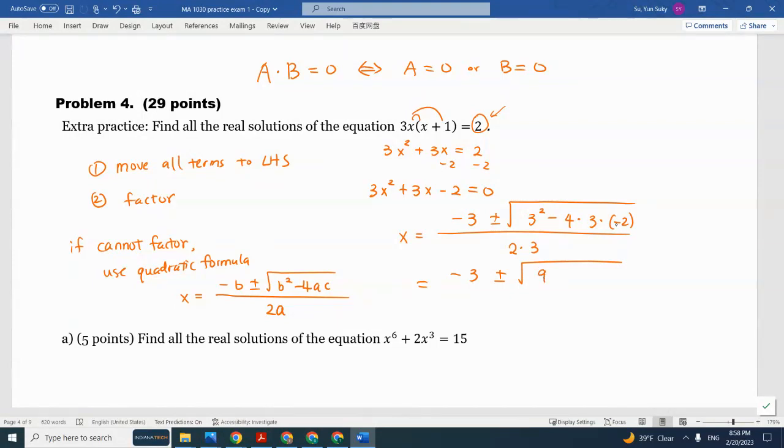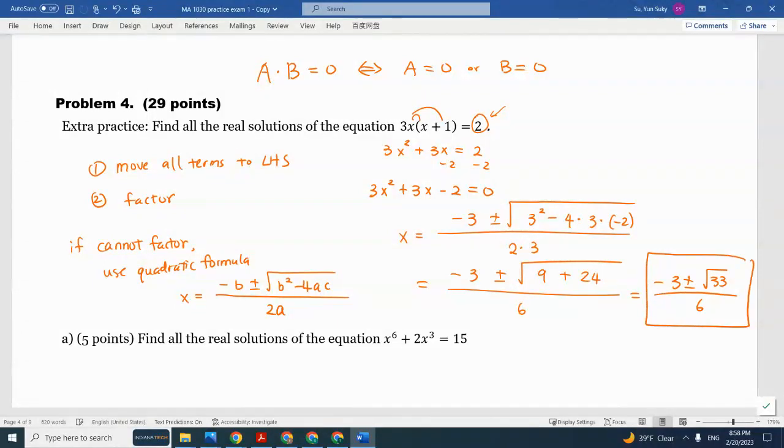Negative times negative becomes positive. 4 times 3 is 12, times 2 is 24. 2 times 3 is 6. 9 plus 24 is 33. We get -3 plus or minus the square root of 33, over 6.